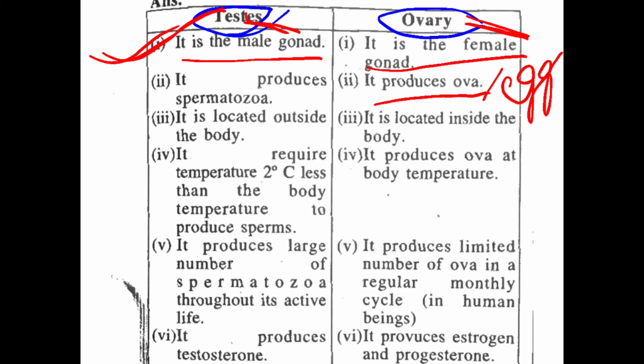Okay, testis is located outside the body, because it maintains the temperature 2 degrees less than the body temperature.